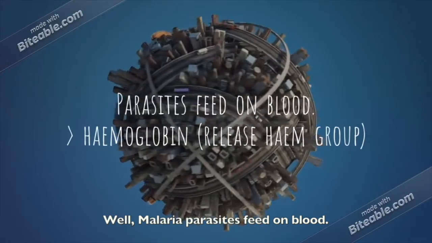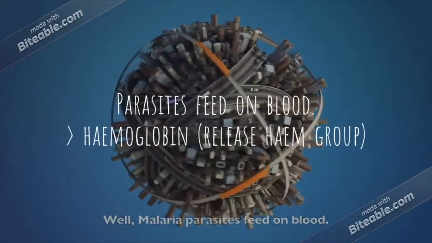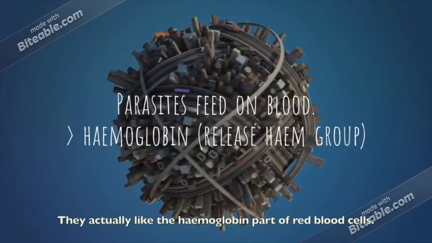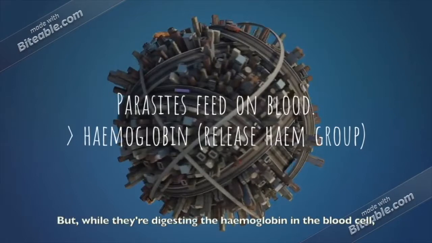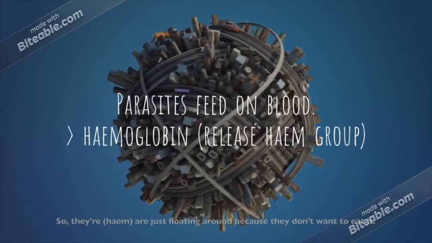Well, malaria parasites feed on blood. They actually like the hemoglobin part of red blood cells, but when they're digesting the hemoglobin from a red blood cell, they release the heme part of the hemoglobin molecule. So it's just floating around because they don't want to eat it.